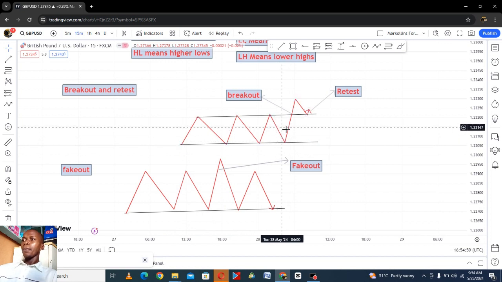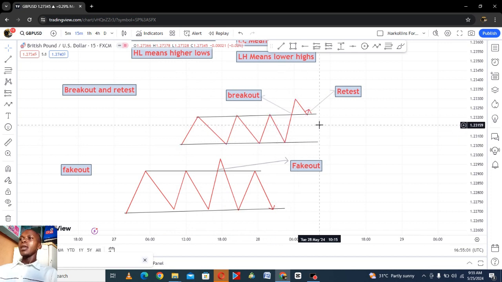Most of the time you see that a bag of rice is just selling at 30,000, 29,000, 30,000, 29,000, 30,000. Before you know it, the bag of rice will now go above 30,000. When it goes above 30,000, what happens?